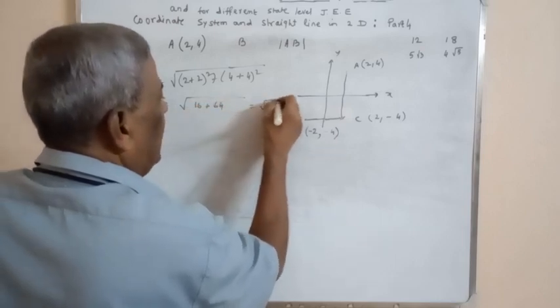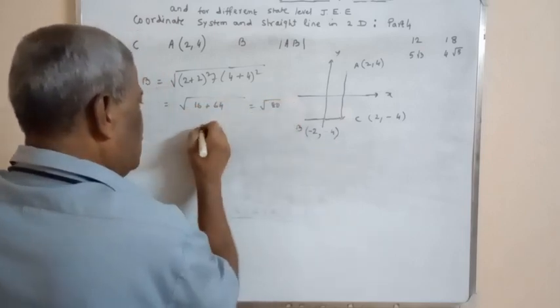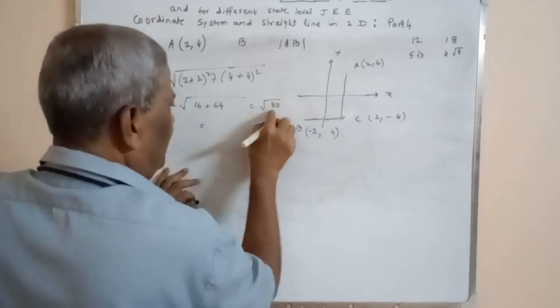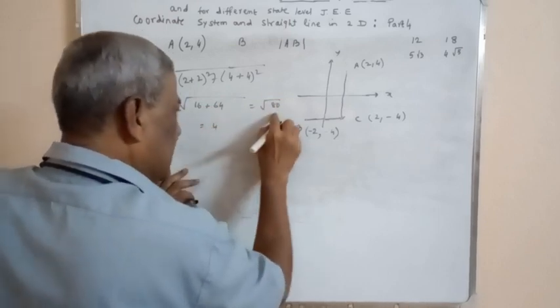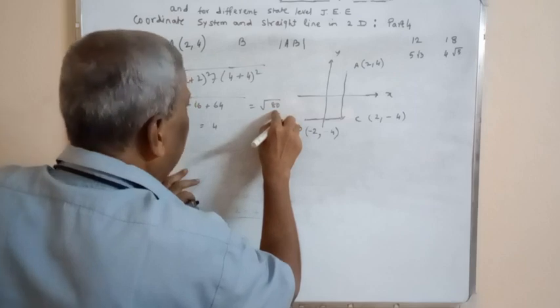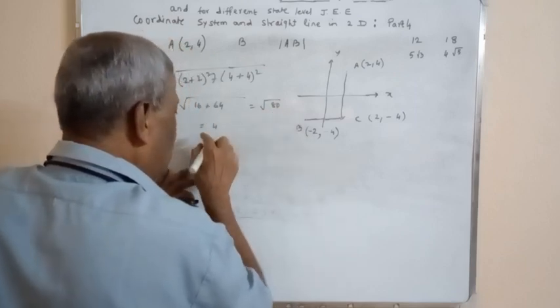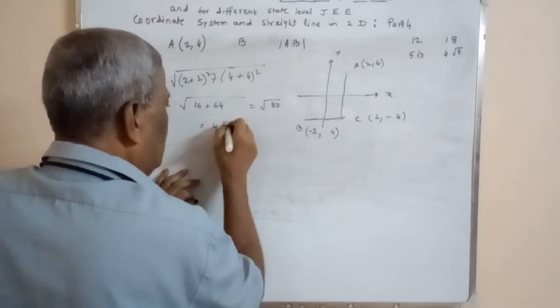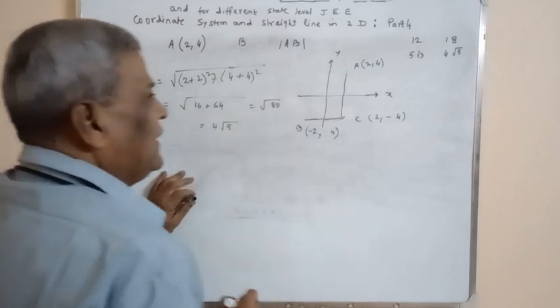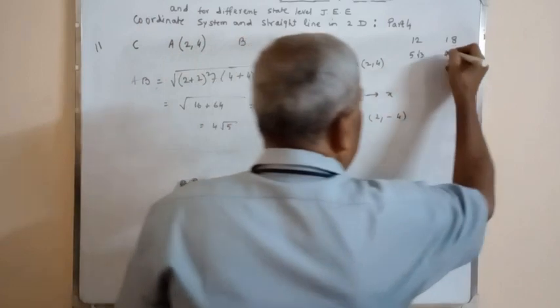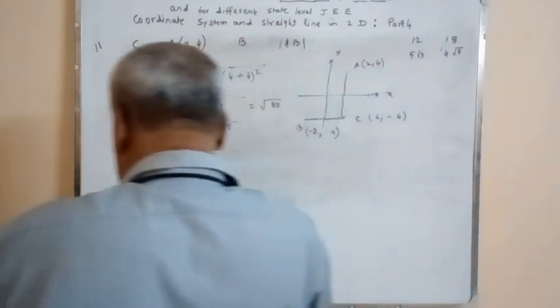So root 80, it is equal to 4, that is 16 into 5. So 16 is 4 outside the square root into root 5. So 4 root 5 is the required answer. So this is the answer. Option D.